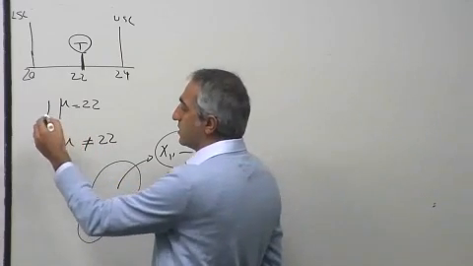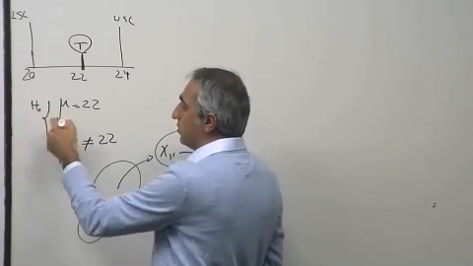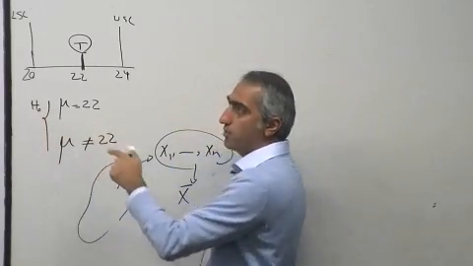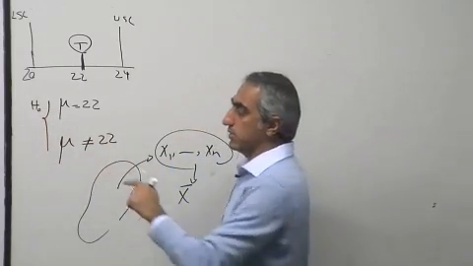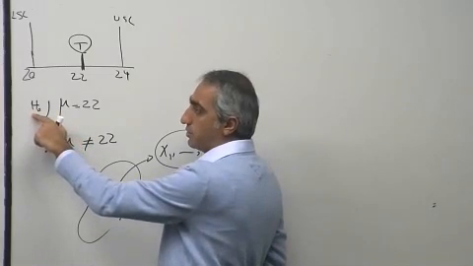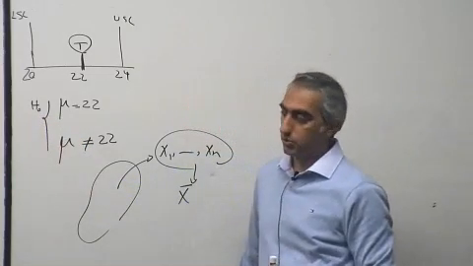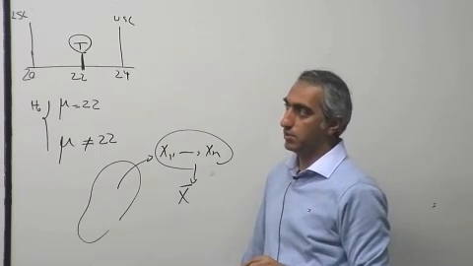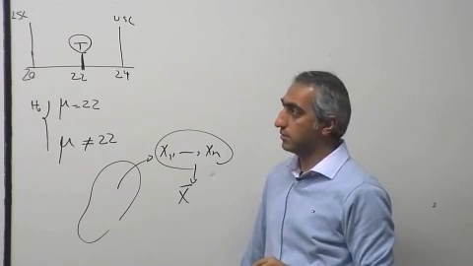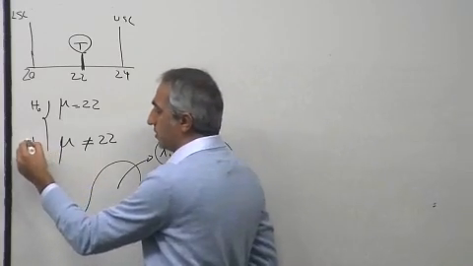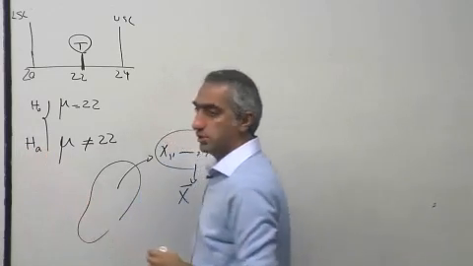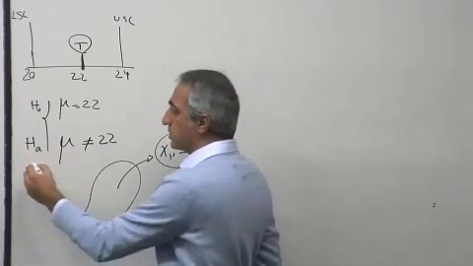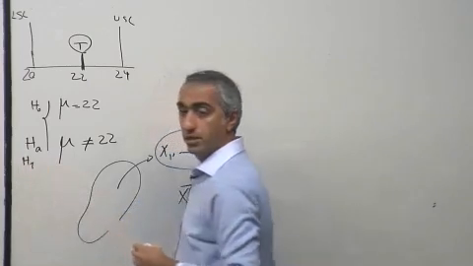I think some of you have seen this before. So we have two hypotheses. One is the null hypothesis, H null, and the other one is the alternative. Sometimes we denote this by H sub A, and sometimes by H1.